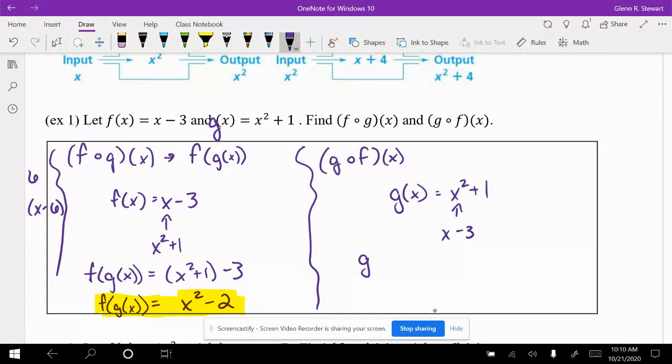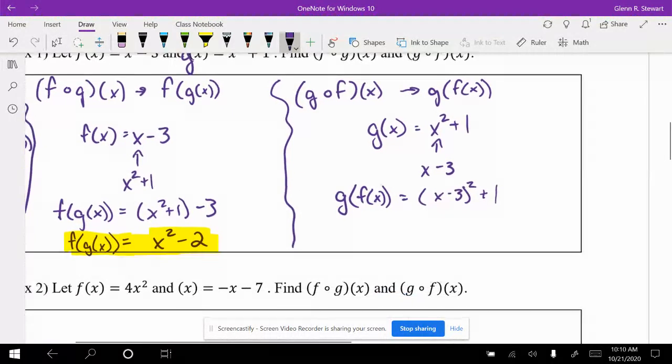So now, again, this can be written as g of f of x. So g of f of x is equal to parenthesis x minus 3 squared. We're only replacing the x, not the squared. The squared stays, plus 1.